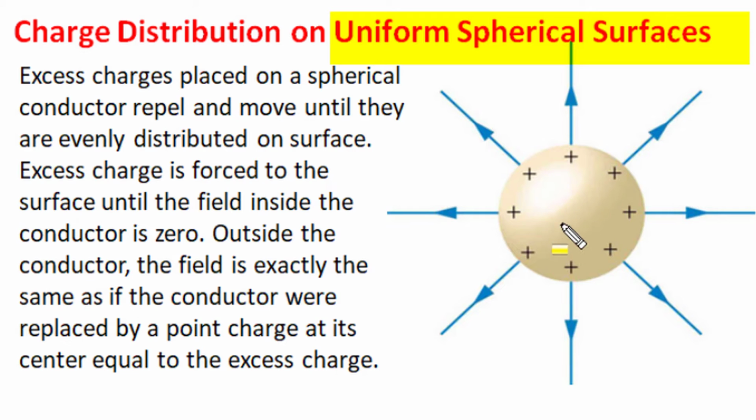This is so because the extra charge has identical polarity, and identical polarity charges repel each other and move far away until they distribute themselves on the surface, because outside the surface the insulating dielectric material won't allow movement of charges. So charge will take position on the outer surface only and will distribute itself uniformly over the entire surface. In this distribution, charge of one side of the periphery will neutralize the electric effect produced by charges of the other side of the periphery everywhere within the material volume.